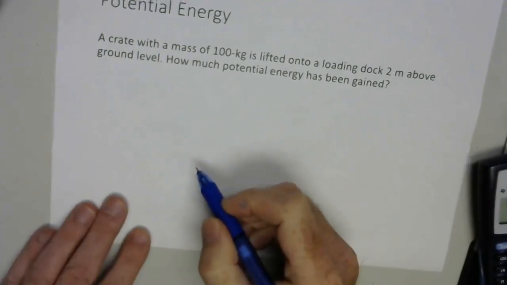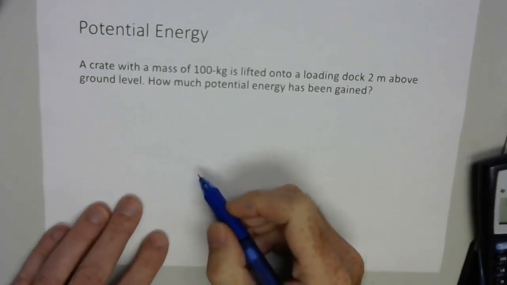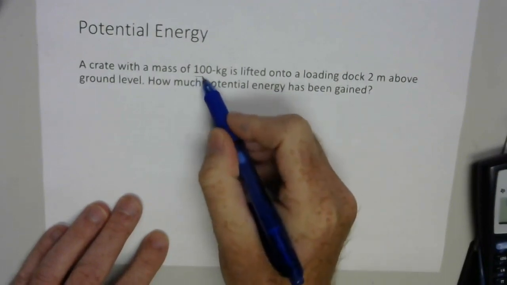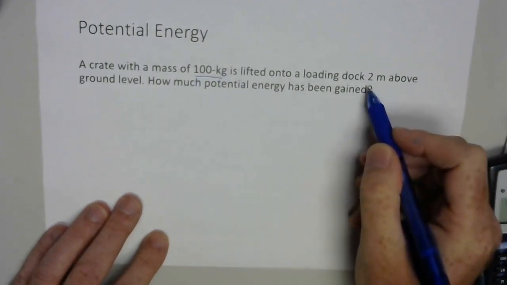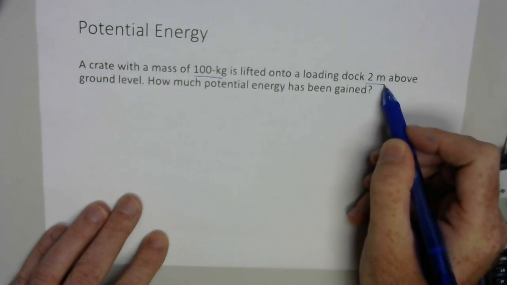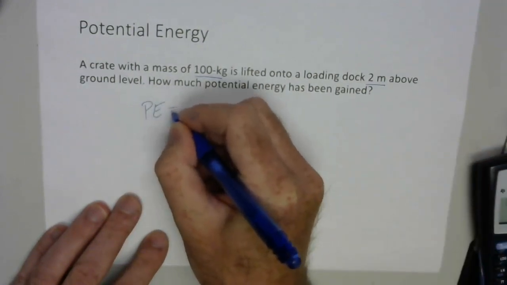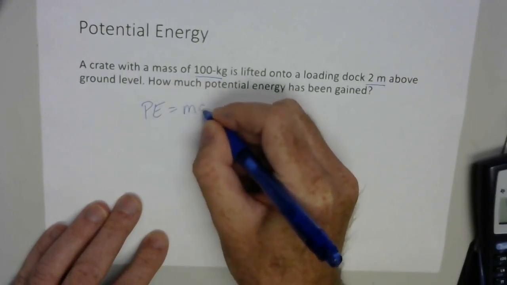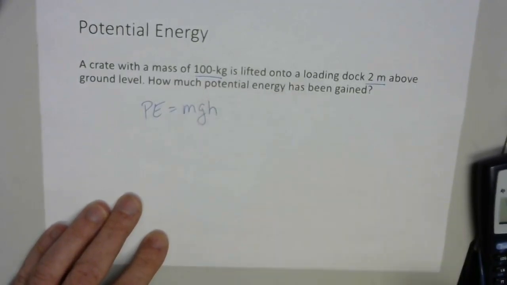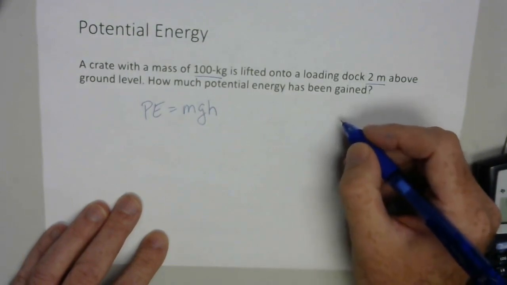Now if we do potential energy, it's all based on how high we lift the mass. So say we lifted the crate 2 meters above ground level. Potential energy is mgh, where g is our acceleration due to gravity.